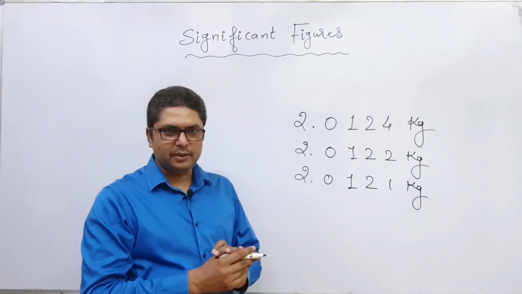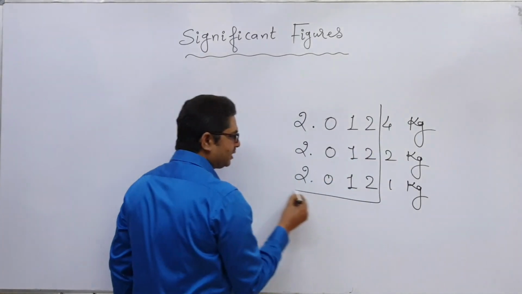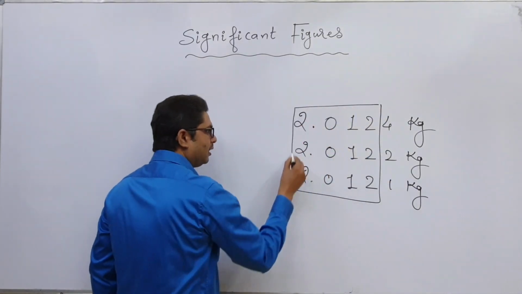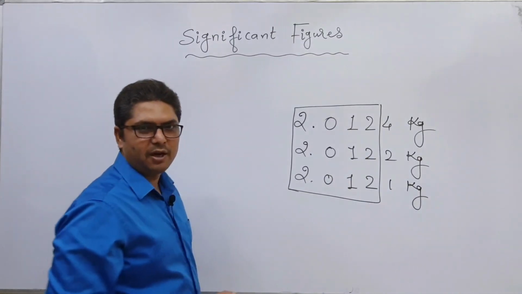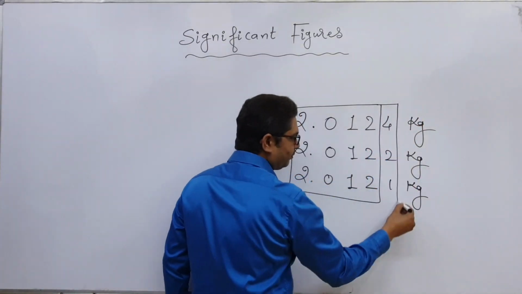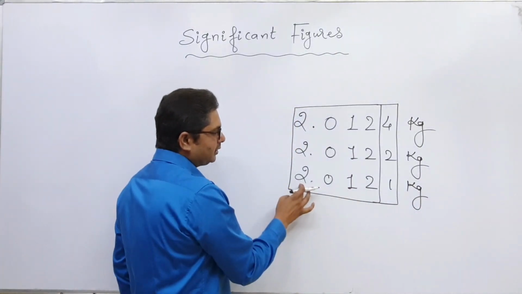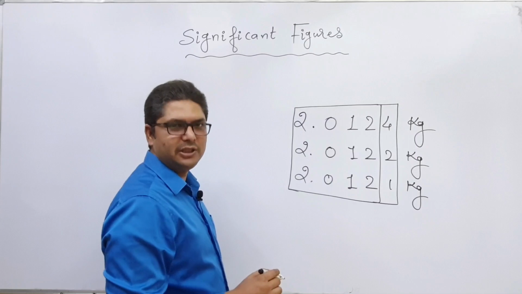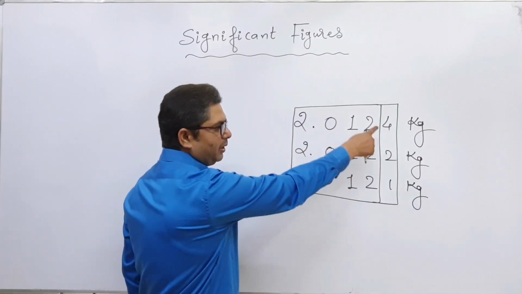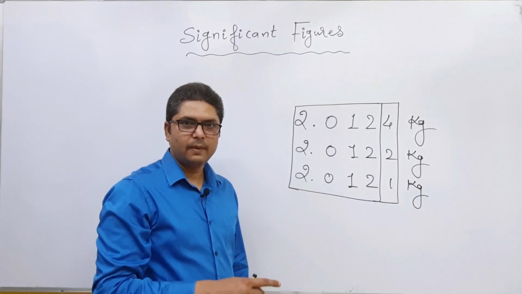In this measurement, these numbers do not change, they are fixed. But these numbers are changing. So these numbers are said to be certain digits and those numbers are said to be uncertain digits.